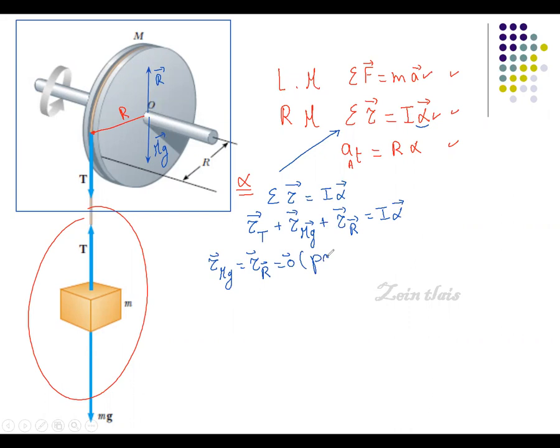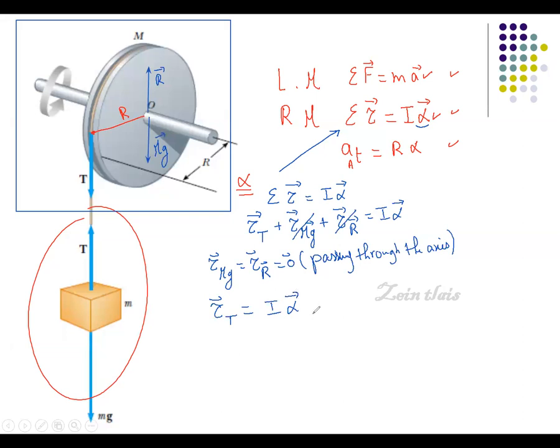Because they pass through the axis. Any force that passes through the axis doesn't have a torque. So we have only tau of T, which is equal to I times alpha.